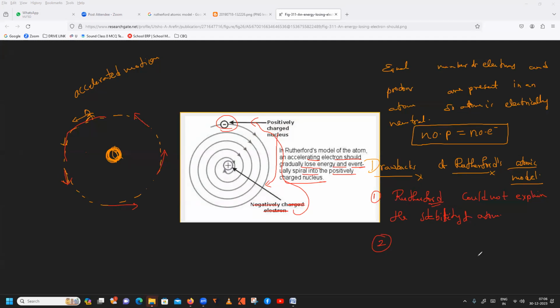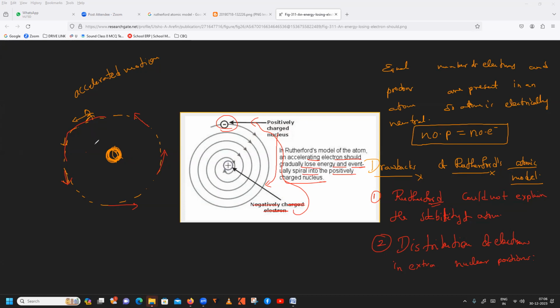Next, the second drawback is the distribution of electrons in extra nuclear portions. What does it mean? It means the Rutherford model was unable to explain the distribution of electrons. How are these electrons distributed?